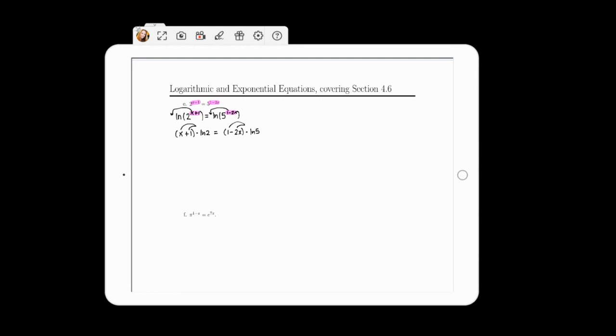So when I multiply through, I would have x times the log of 2 plus 1 times the log of 2 equals 1 times the log of 5 minus 2x times the log of 5.